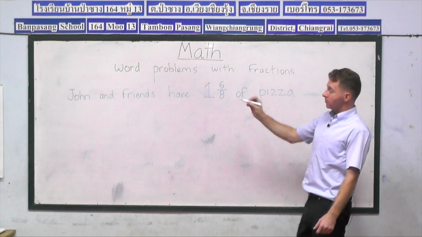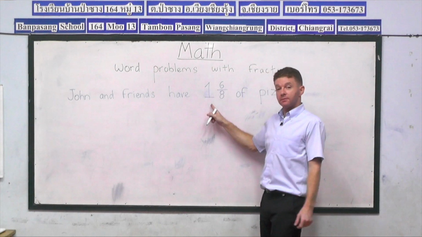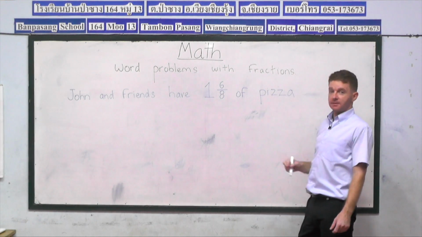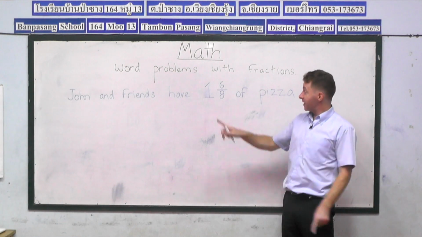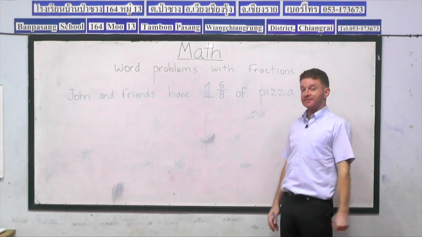Okay, John and friends have 1 and 6/8 of pizza. That means they have 1 full pizza and then another pizza with 6 out of 8 slices left.